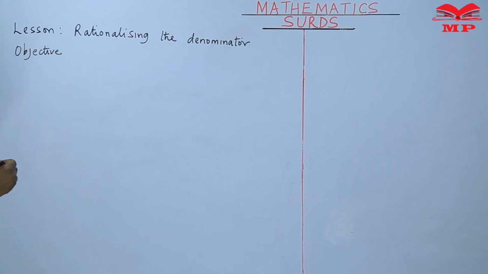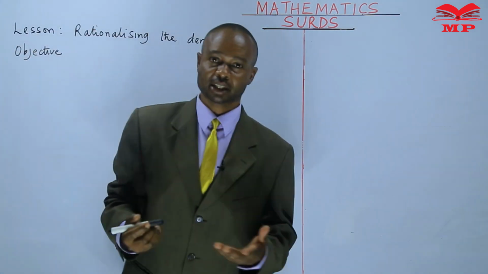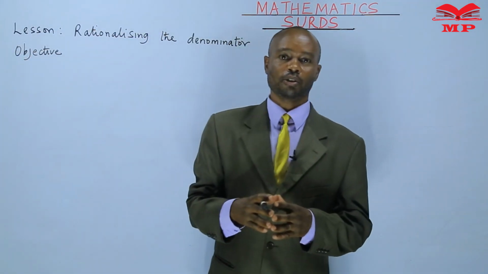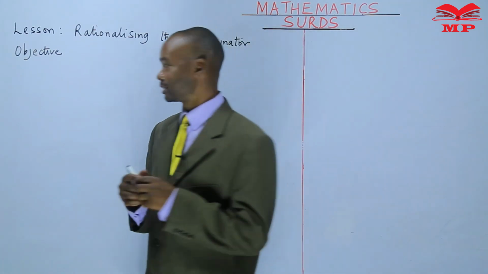So with the lesson rationalizing the denominator, the objective is to enable the learner to use the method of rationalizing to simplify surds.